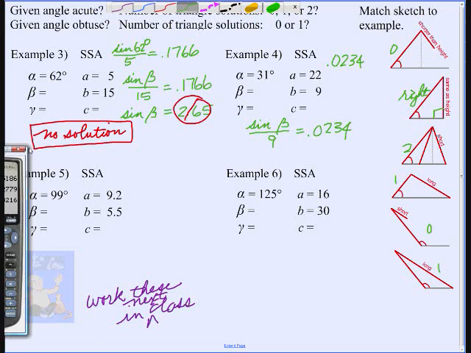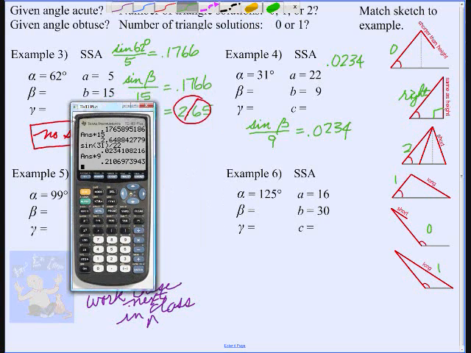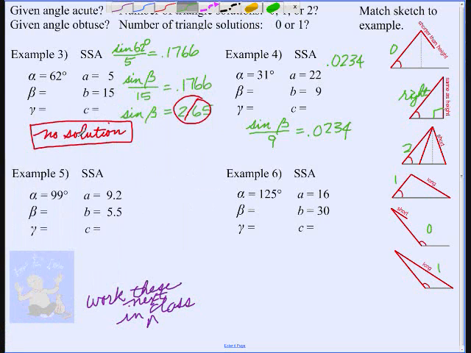And we're going to take a look at that. So we multiply that ratio times 9. Oh, that looks okay. So we have the sine of beta is 0.2107.